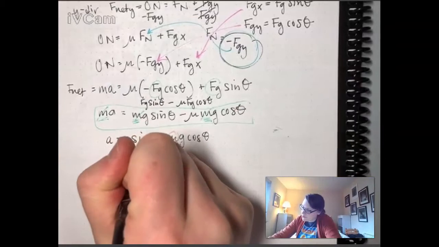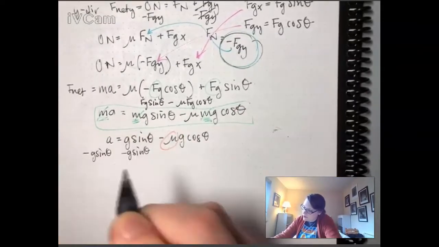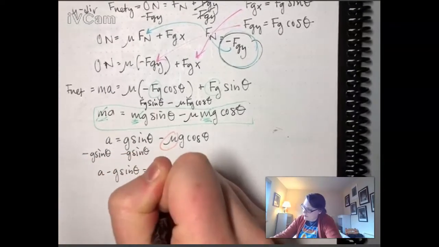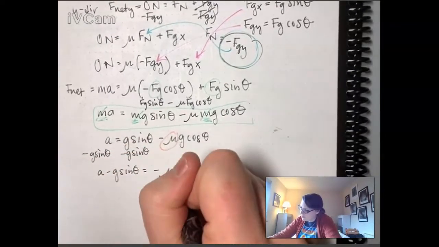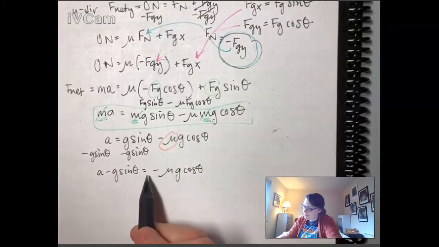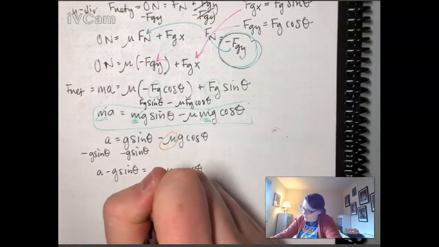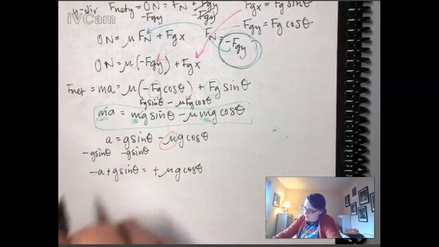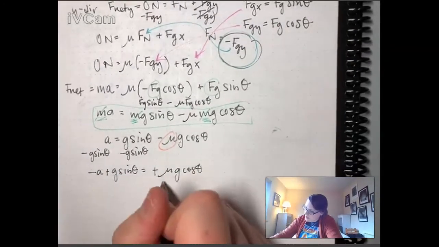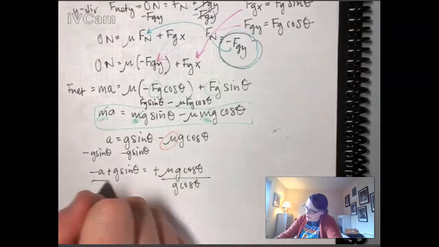Okay. I'm going to remove this term to the other side. Acceleration, here's sine theta. Coefficient of cosine theta. The minus 1 is driving me crazy. So I'm going to go ahead and flip this. Right, I basically just multiplied each side by negative 1. Now I'm going to divide by g cosine theta.